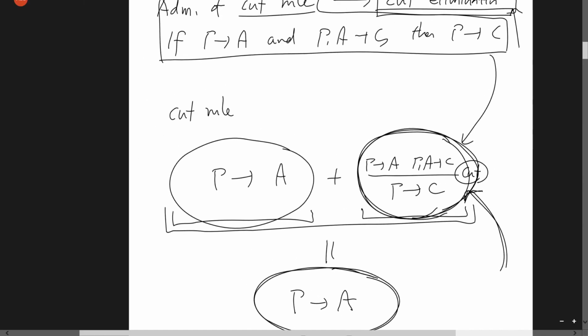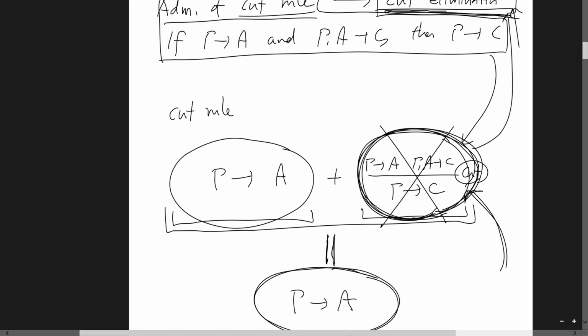And with this result, we can show the equivalence. If we can show the equivalence, this cut is redundant, so we can eliminate it. That's where the name of the theorem, cut elimination, comes from.